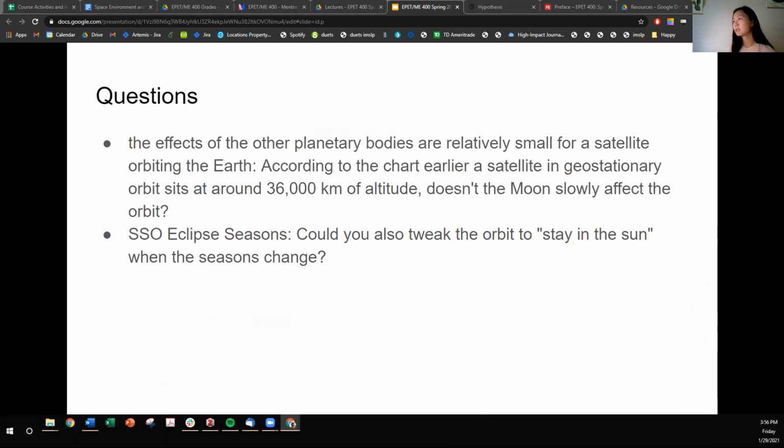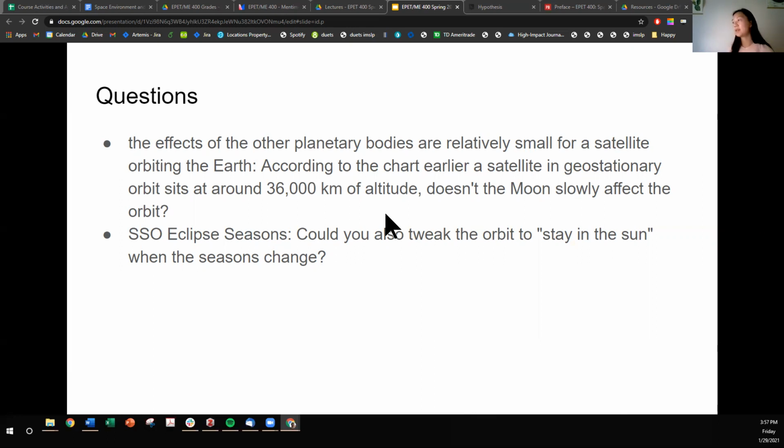Okay, so there are some questions. The effects of other planetary bodies are relatively small for a satellite orbiting the Earth. Doesn't the moon slowly affect the orbit? So yes, there are many different perturbations on satellite bodies.